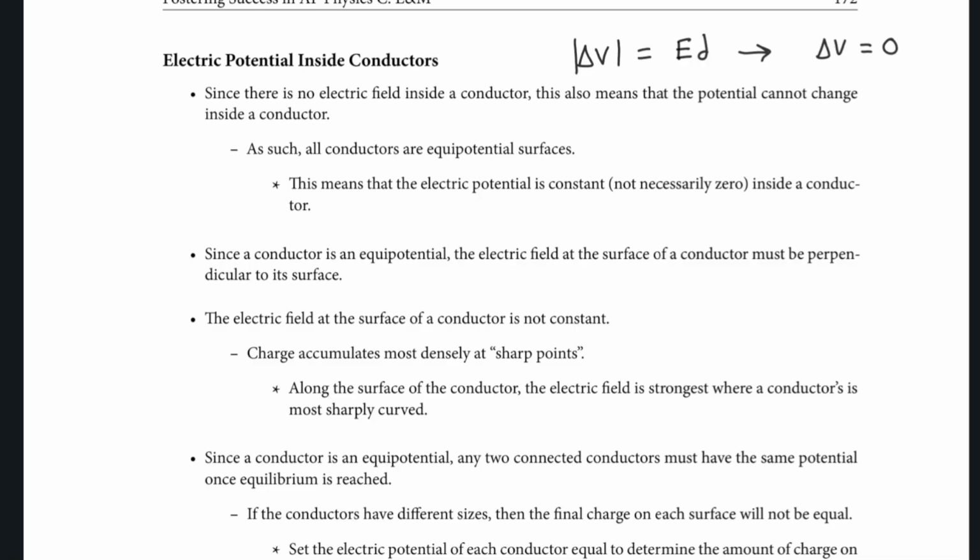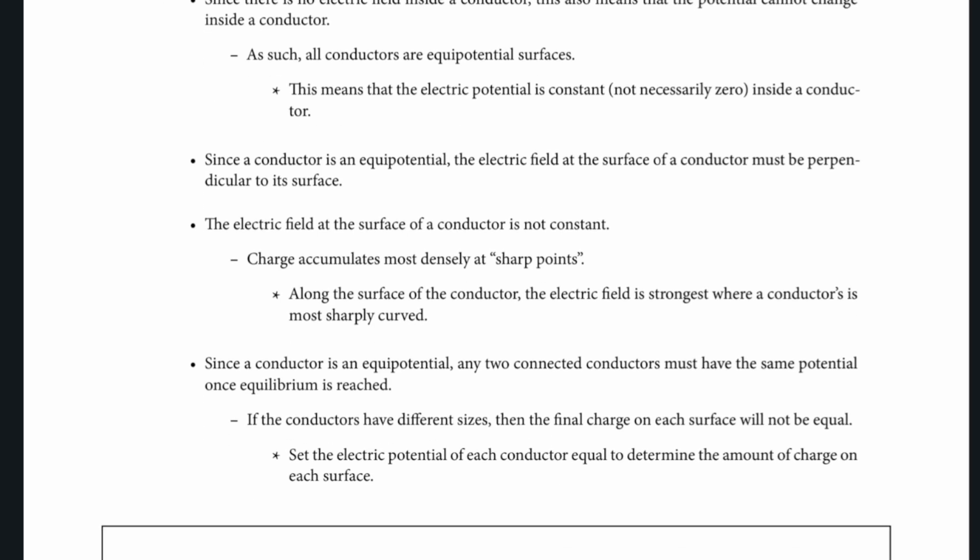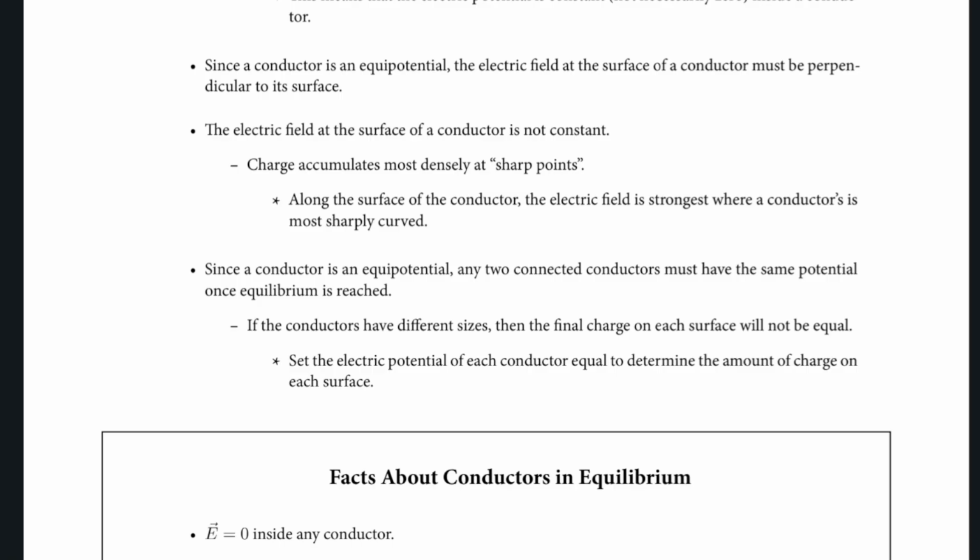And since a conductor is an equipotential, this must mean the quickest way to decrease your potential is to leave the conductor. So that means the E field is perpendicular to the conductor's surface. And another consequence of this is that the electric field at the surface of a conductor is not constant. So you do get an E field at the surface, just not inside.